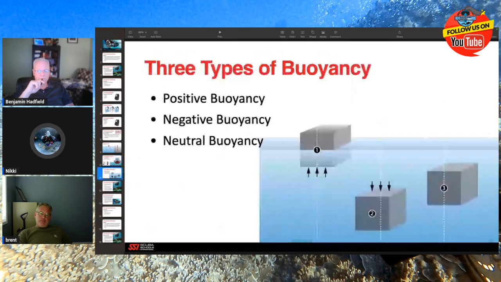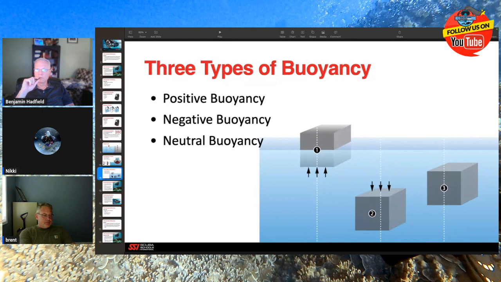So types of buoyancy. We have positive, negative, and neutral. What's positive buoyancy? It's floating. Absolutely. So what's negative buoyancy? Sinking. And our neutral buoyancy? Somewhere in between. Right. So I love little kids. One of the things that they like to do is go along and pick up rocks and throw them in whatever body of water they can find.